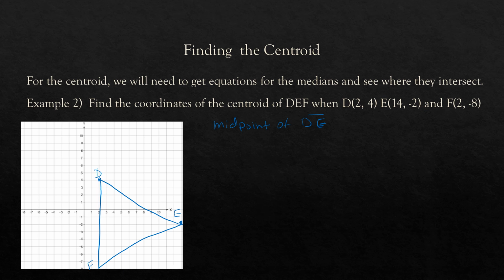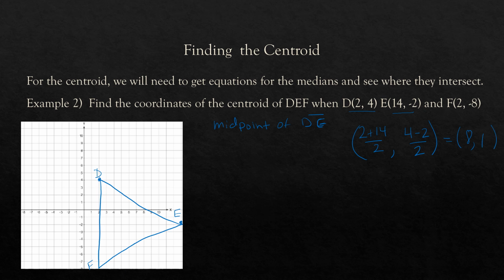Well, we're just going to take the average of the x value and an average of the y value, and that will give us what's right in between. So for D and E, taking the average of the x and the y values. So our x would be 2 and 14 added together and divided by 2. That's our average. Our y would be 4 plus a -2, over 2, our average value there. So 16 divided by 2 is 8. 4 minus 2 is 2 over 2, which is 1.